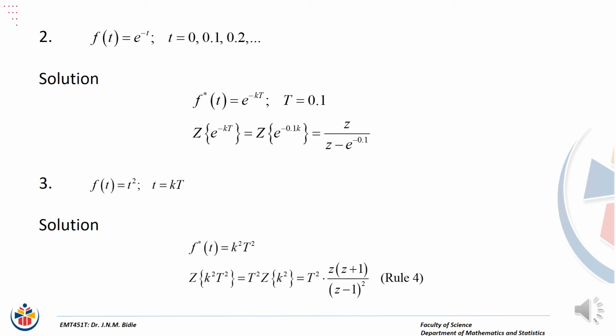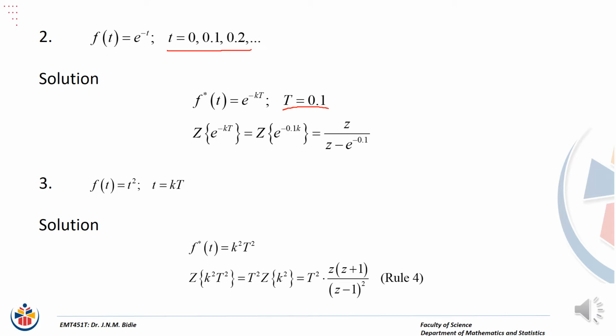Once again, we have now f of t equal to e to the power negative t. Note now, t has been given in the interval 0, 0.1, 0.2. Note that they are equally spaced, so capital T is the difference between the time intervals. Therefore, we say that capital T is 0.1.